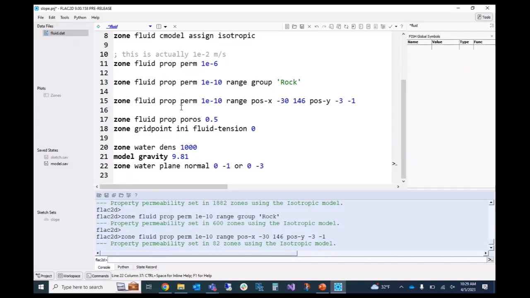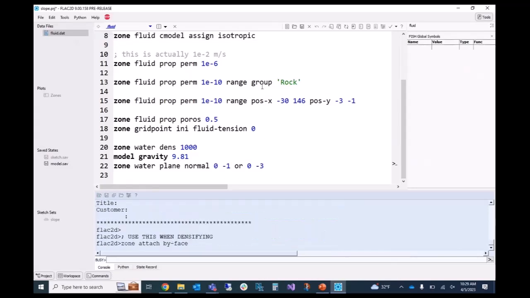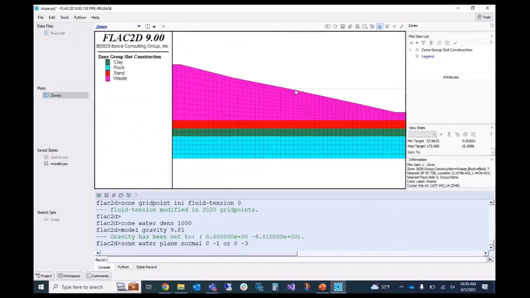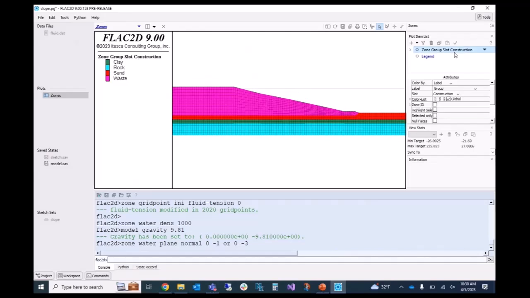So let's just run it up until now and make sure that I've done this correctly. And you go back to your plot, and you click on where it's a zone group or whatever. Change the label to contour.